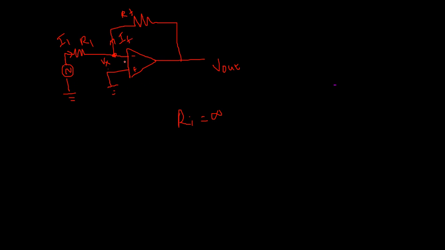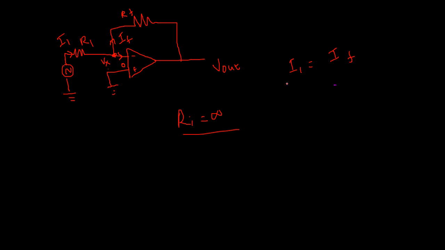In the ideal Opamp, the input resistance is infinity, so the current flowing through the inverting terminal is 0. So here I1 is equal to IF. So find out I1 and IF.